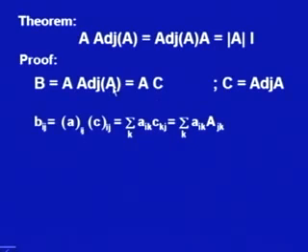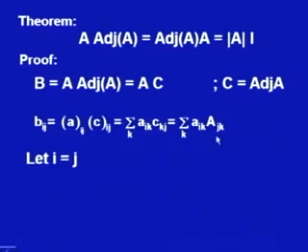Ckj is the adjoint of A, so C is equal to adjoint of A. So, it is nothing but the cofactor of Aik and its transpose. So, Ckj is nothing but Ajk. So, this means Bij is the summation of Aik Ajk over k.